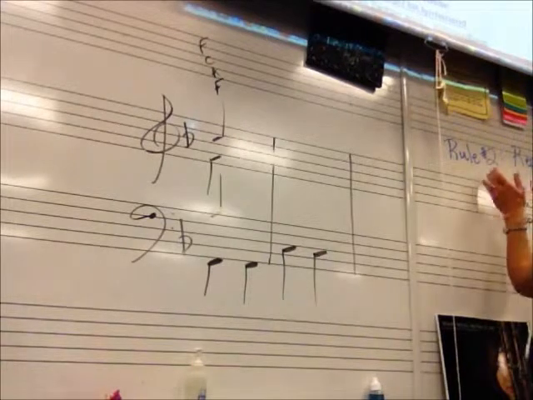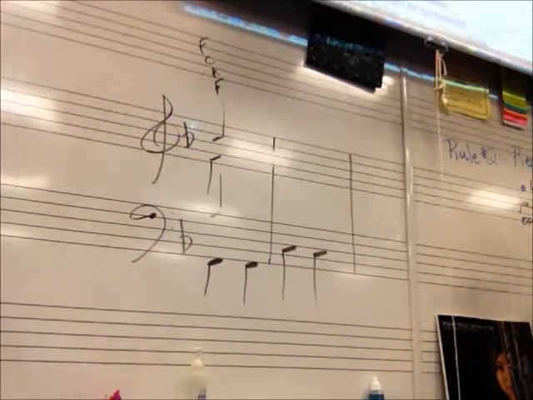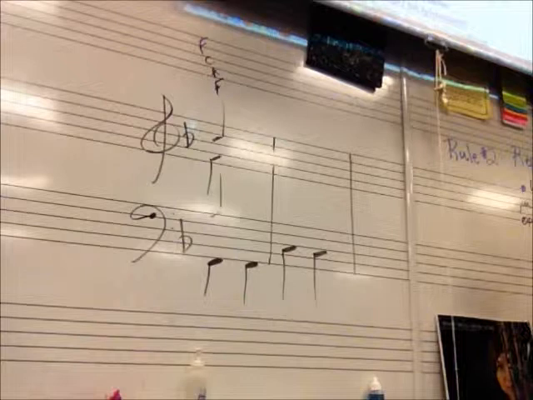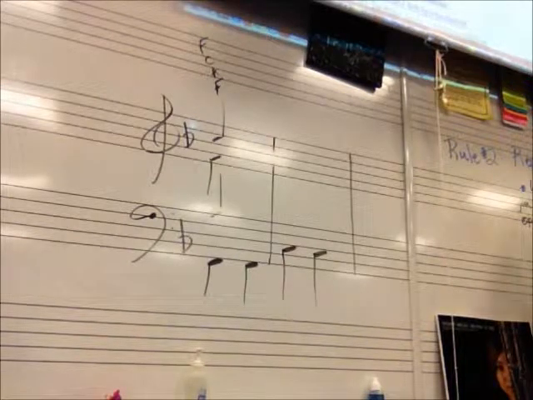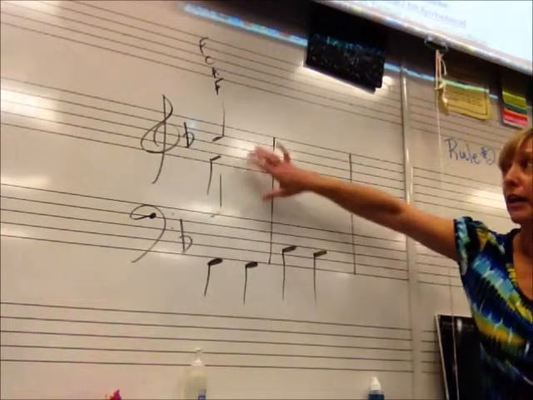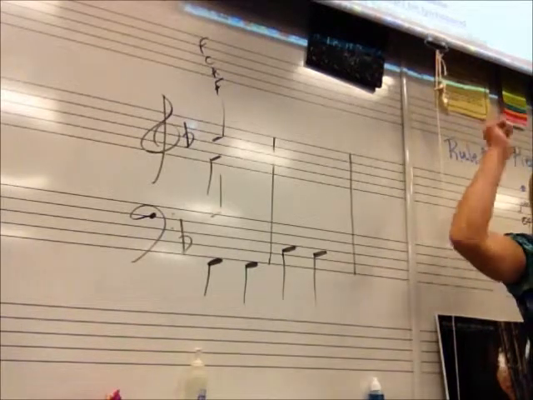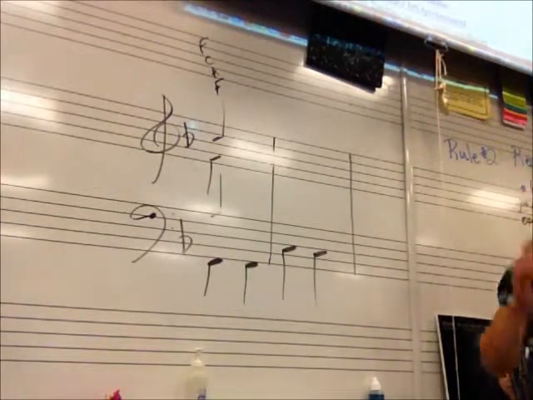Rule 2A says all top three voices, soprano, alto, and tenor, may leap in the same direction. So if one voice leaps, so must the remaining two voices. Okay? So looking at our F chord on the board, which way do we want to leap? Do we want to leap up or do we want to leap down? We want to leap up.